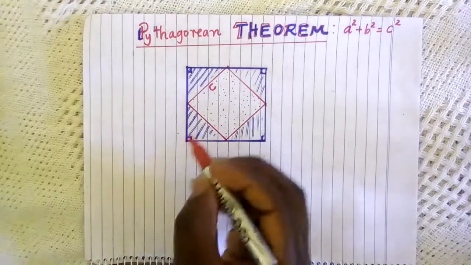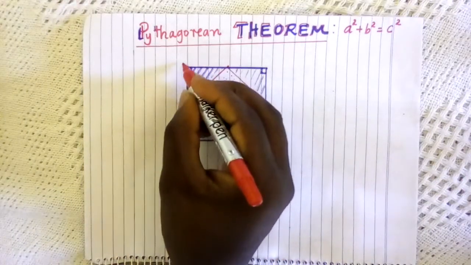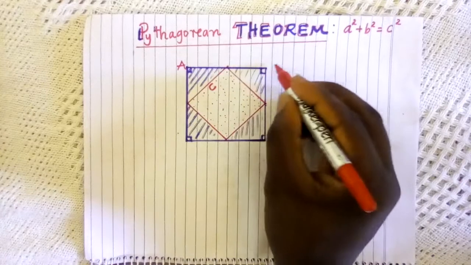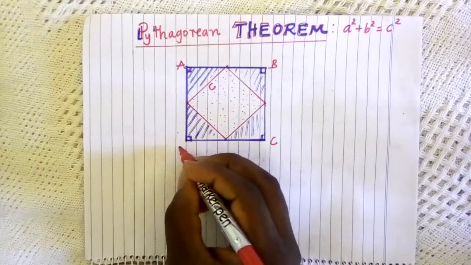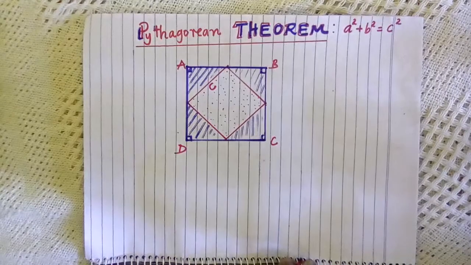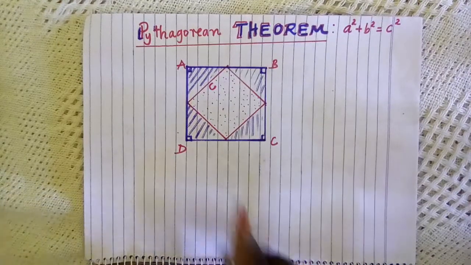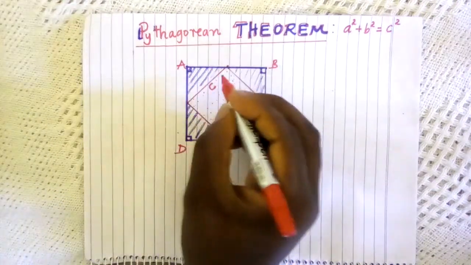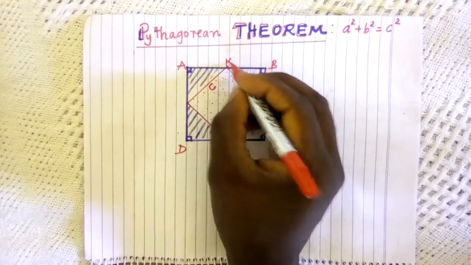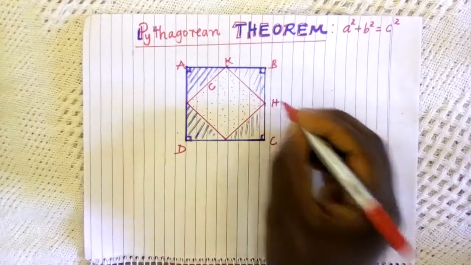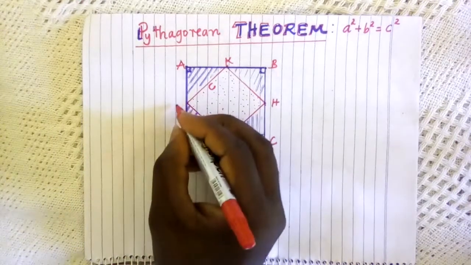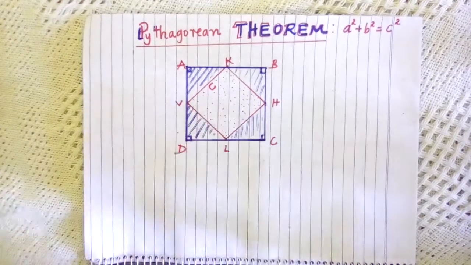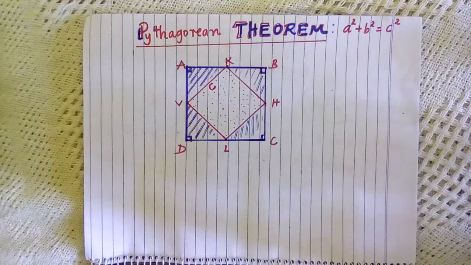I'm going to name this side as A, this side as B, this side as C, and this side as D. And we're going to name this point K, this H, this L, and this maybe V. That should be clear.